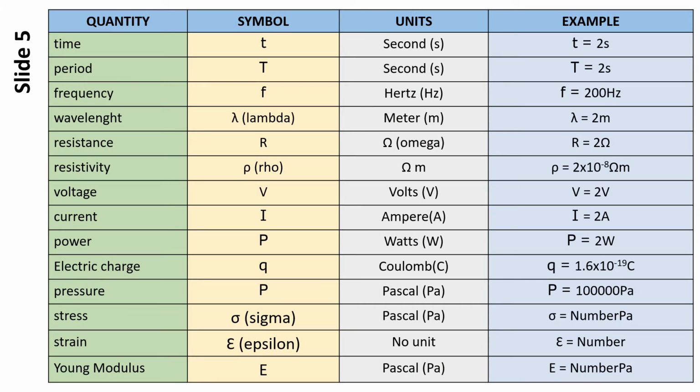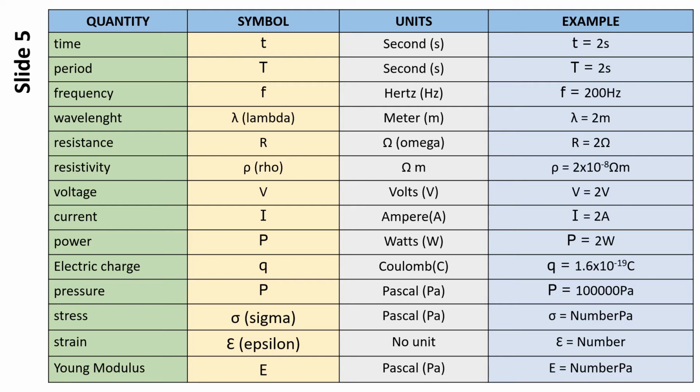Here in slide 5, we have another table. It is the same, with quantities, symbol, and common units. For time, period. So period here is uppercase T, but period also is a quantity that represents time. So the unit is second for time and period.